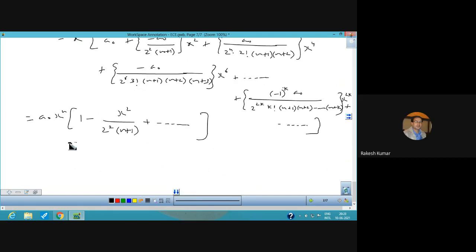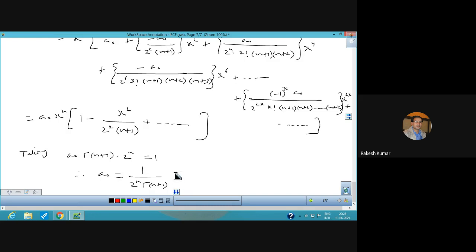Now we have to take a particular value. So taking a naught into the gamma function, this is the standard result which we have to use, that is a naught gamma n plus 1 into 2 raised to power n is equal to 1. So therefore your a naught comes out to be 1 over 2 raised to power n gamma n plus 1.